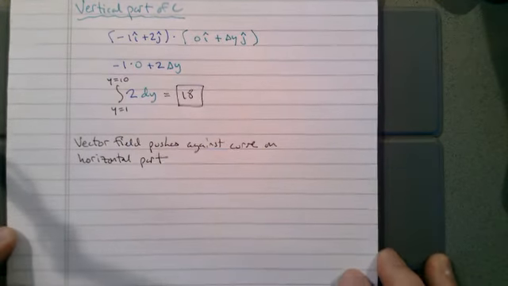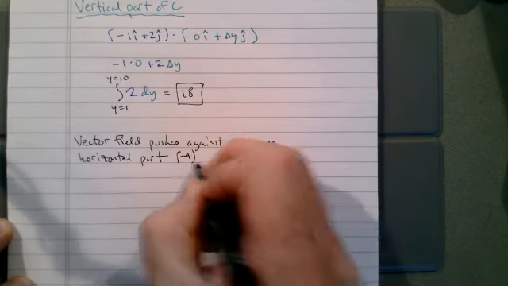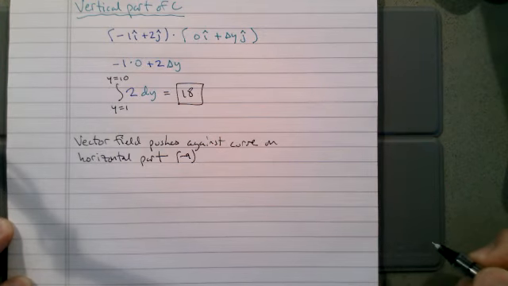The vector field is pushing against the curve on the horizontal part. We get a -9.